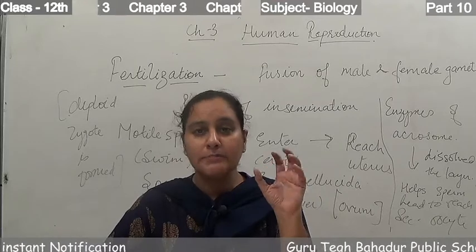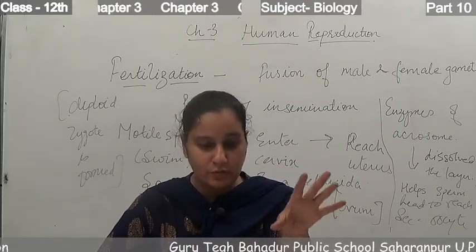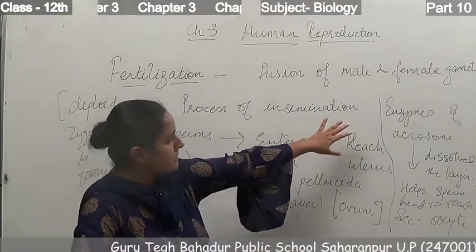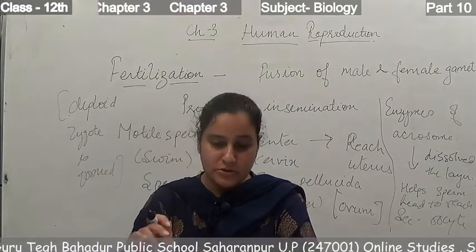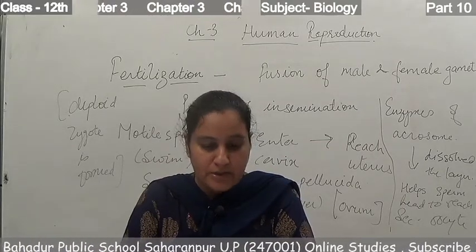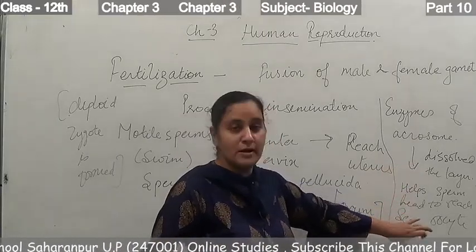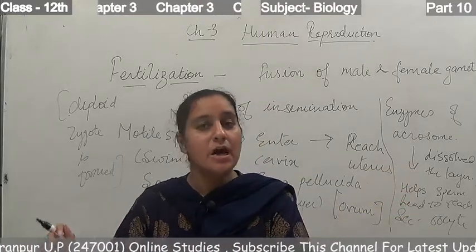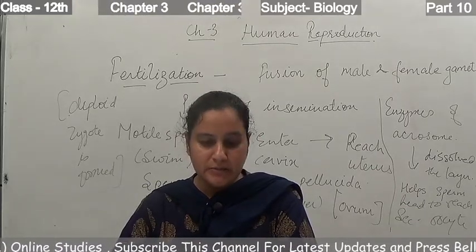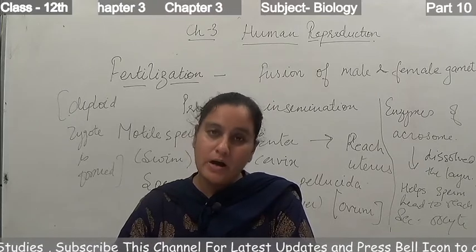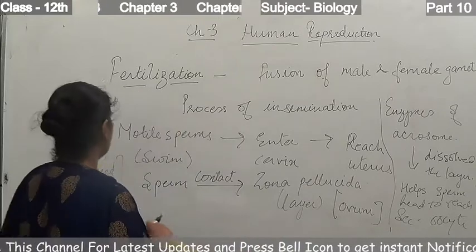First of all, they block the entry of additional sperms in that ovum, and then the enzymes of the acrosome dissolve the layer of zona pellucida and the plasma membrane of the ovum, so that the sperm head is allowed to reach the secondary oocyte. Then there is a fusion of the male and the female gamete and they form a diploid zygote. So, this is what fertilization is.